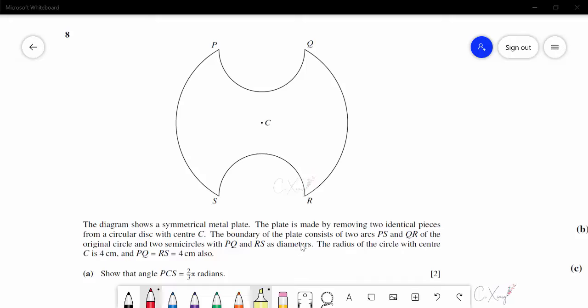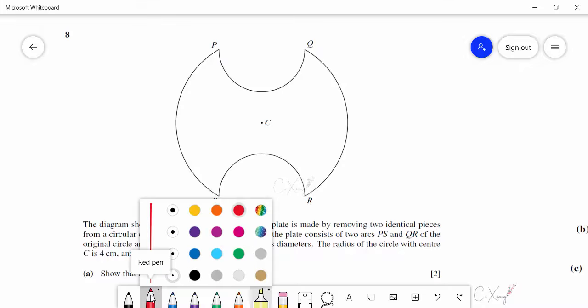So the boundary of the plate consists of two arcs, PS and QR, of the original circle, and two semicircles with PQ and RS as diameters. So this one and also this one are the semicircles.